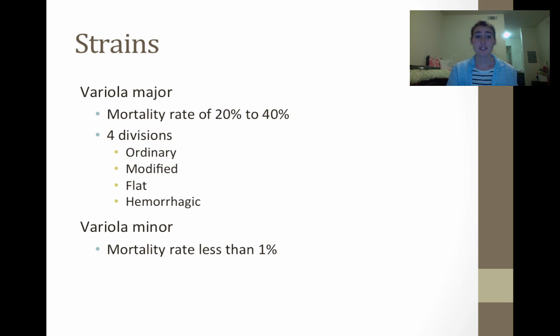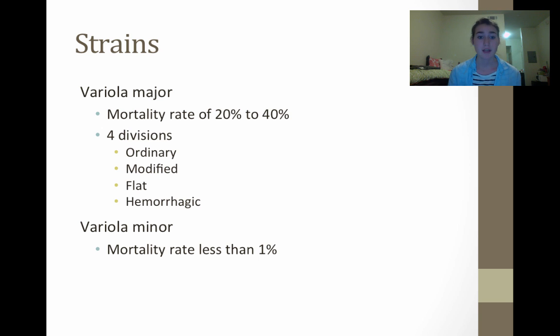Smallpox is from the genus Orthopoxvirus, but it has two species, Variola major and Variola minor. Variola major is by far the more prominent species, and it has a very high mortality rate of about 20% to 40%. And under Variola major are four divisions. There's ordinary, which accounts for about 90% of all smallpox cases.